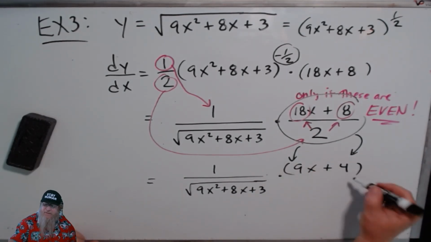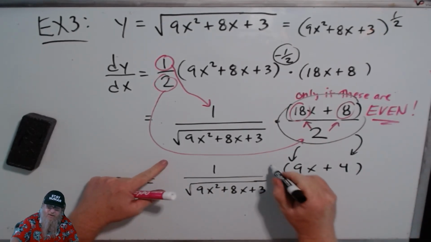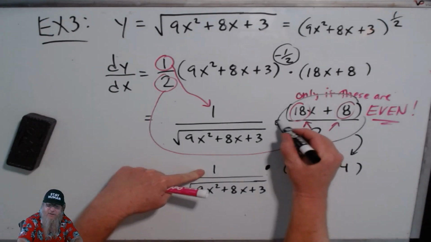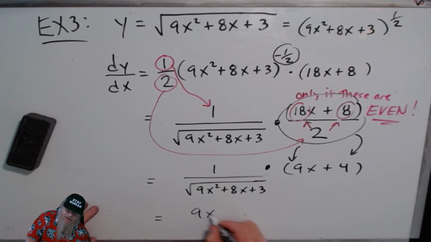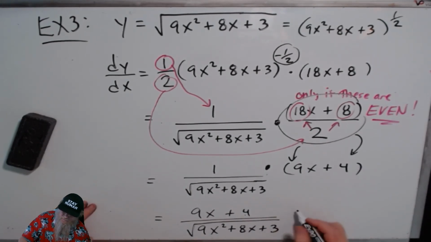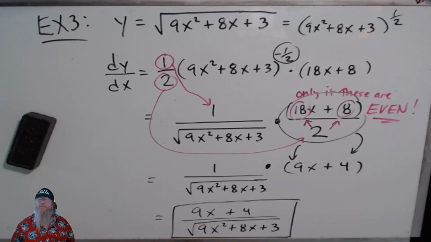Technically, there's parentheses around this. So I'm multiplying 1 times that. So the multiplication dot goes up in the numerator. So it's just going to be 9x plus 4 over the square root of 9x squared plus 8x plus 3. That's as good as it gets. That's the final answer.